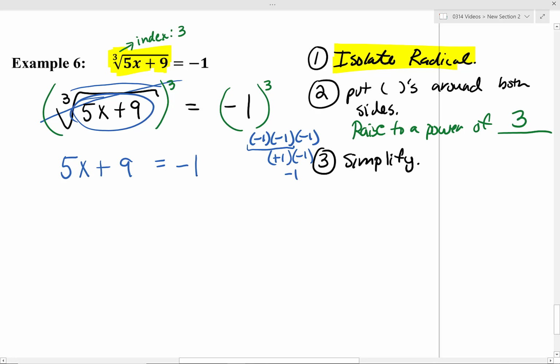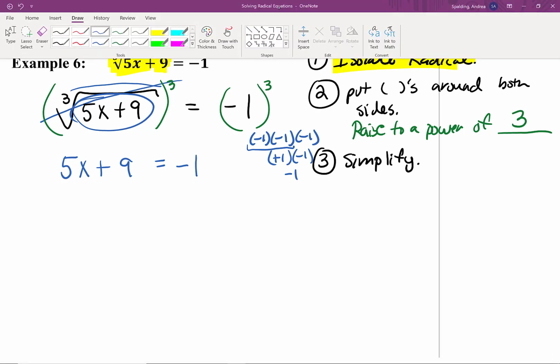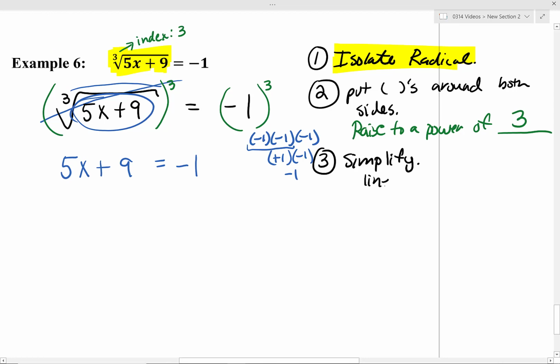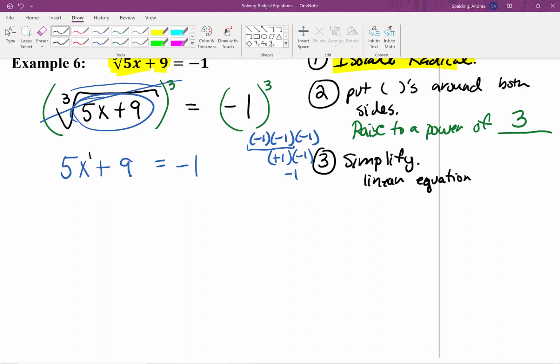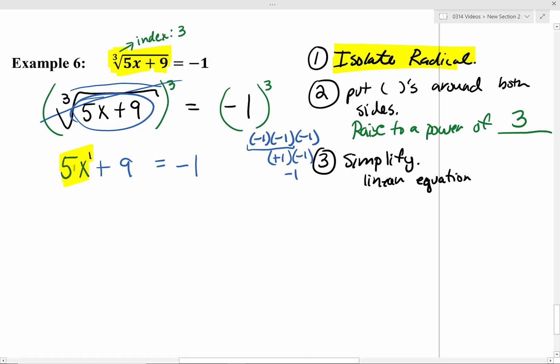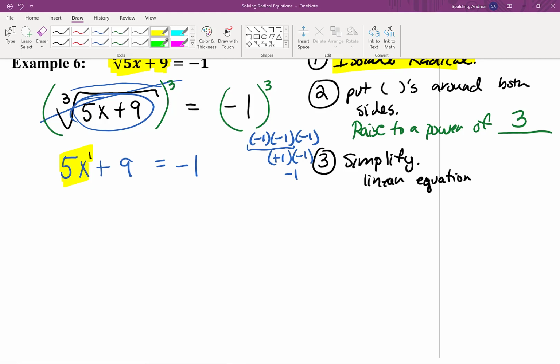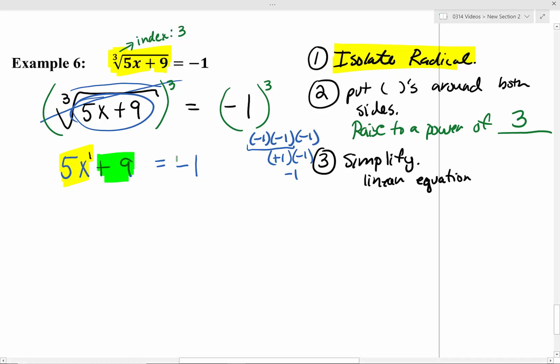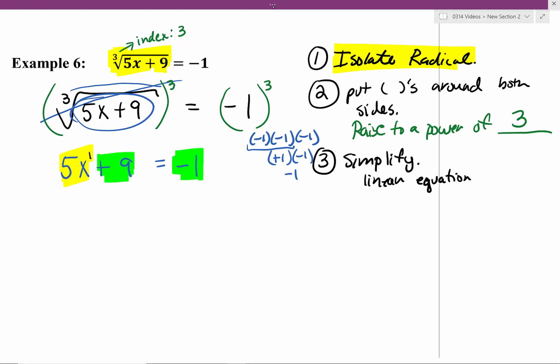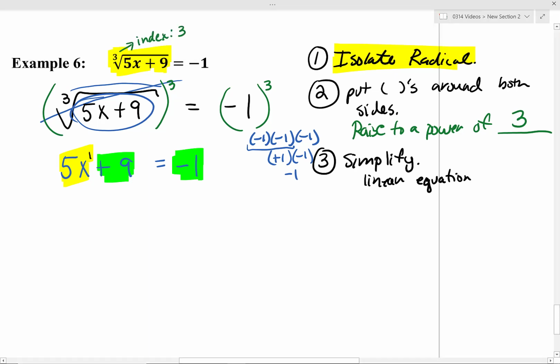Alright, once again, really nice. We are left with a linear equation, which means we don't have to factor or use the quadratic formula because the highest power that I see on x is just a 1. So we need to get the x terms on one side and the non-x terms, or the constant terms, on the other side. Okay, so 9 does not have an x in it, so I'm going to move it to the right-hand side.